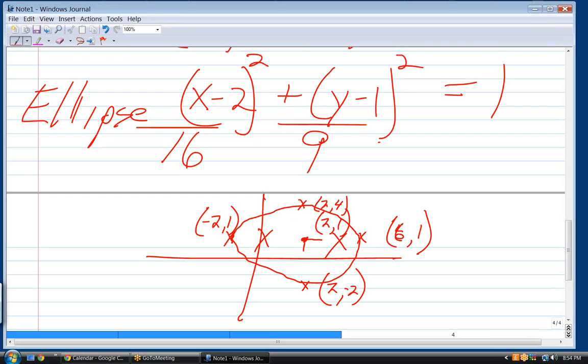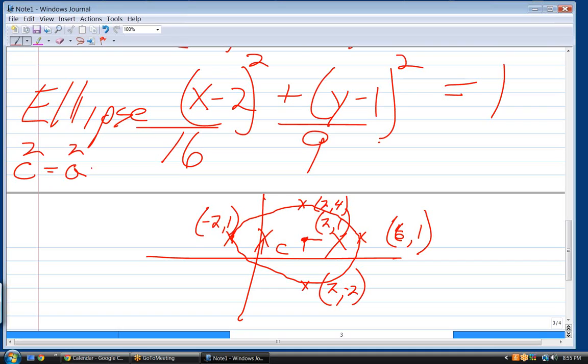And this distance is what is called C. And there's a formula for an ellipse that relates C to A and B. It's C squared equals A squared minus B squared. It's not the Pythagorean theorem, but it's close. Pretty close. Yeah, just change the sign. For a hyperbola, it is the Pythagorean theorem. But you're not doing hyperbolas, so let's stick to ellipses.